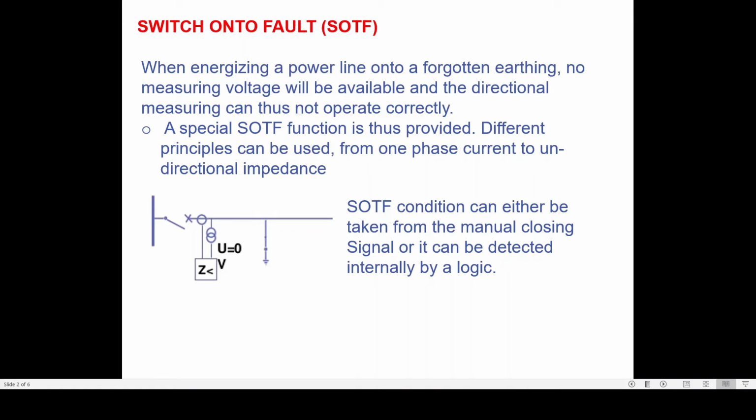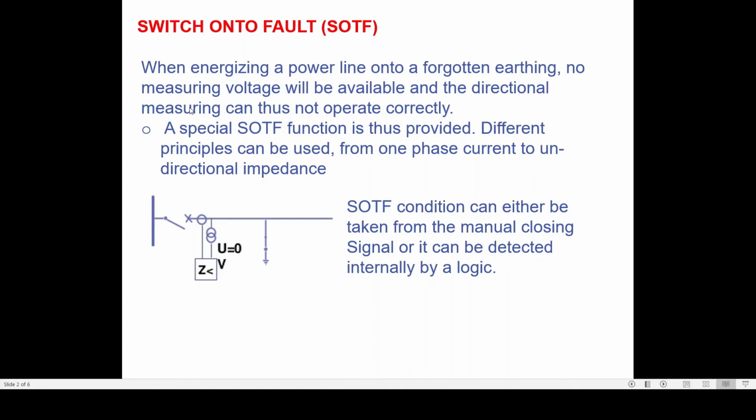That's why SOTF protection is instantaneous overcurrent based protection, which is activated when your circuit breaker closing command is issued, and this will be activated for a supposed time delay of 100 to 200 milliseconds after closing of the circuit breaker. So within this period of 100 to 200 milliseconds after closing of the circuit breaker, if there is a rise in current and that current magnitude is more than the overcurrent setting of SOTF protection, the SOTF function will issue a 3-phase trip command to your circuit breakers.